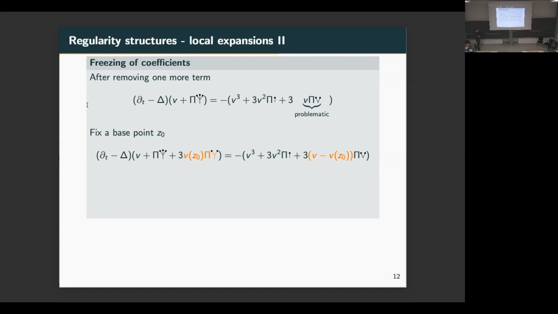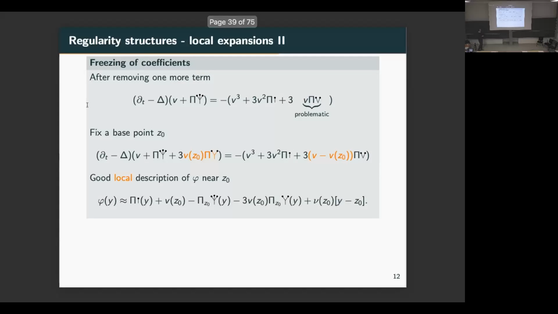Okay, so that's the basic idea, and from that you could guess that it's plausible to say that the field phi, if you look at variables y which are close enough to that base point, should look like this first term that we had subtracted, and then this v that we have at the base point, and then extra terms, this comes from here, and an extra term that comes from here. Okay, so this is how you guess this expansion that was then used later on.